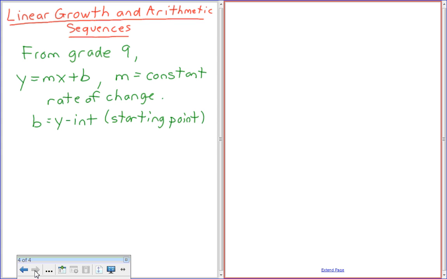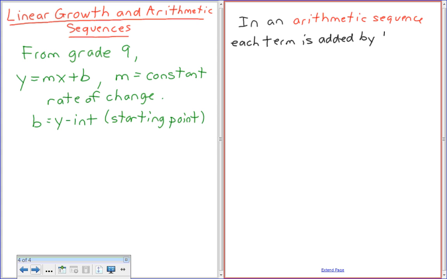In an arithmetic sequence, each term is added by the same number. Example: 4, 6, 8, 10, 12. That's a linear or arithmetic sequence.